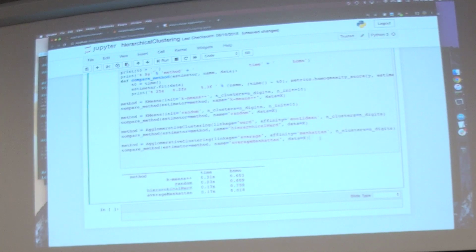Maybe let's try a couple of other agglomerative approaches.